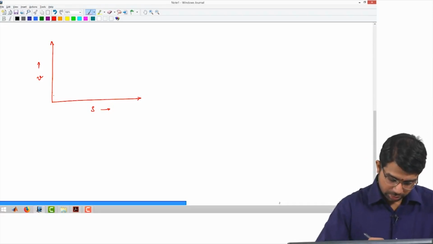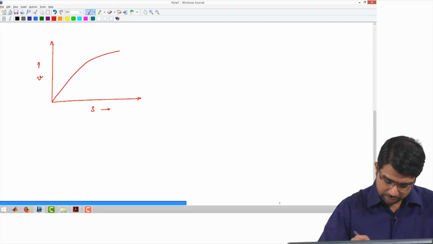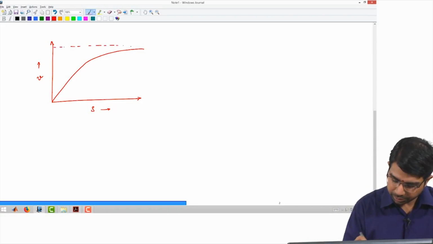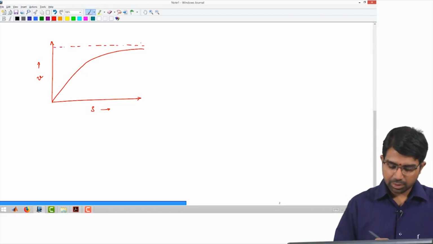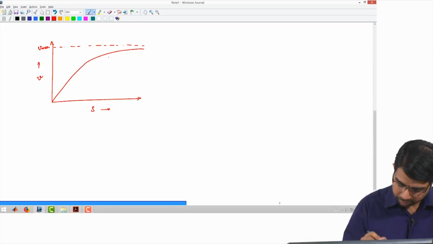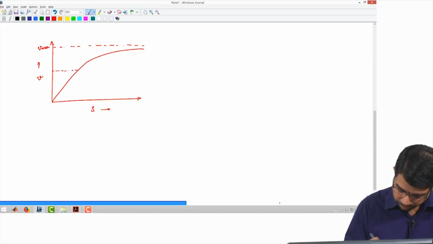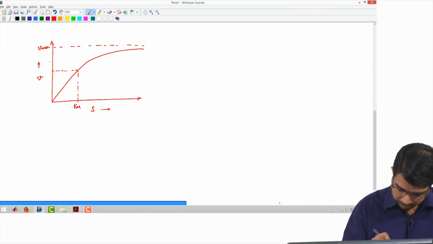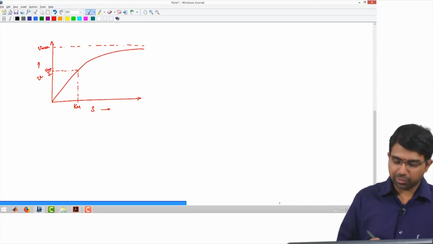So, how does the Michaelis-Menten equation plot look like? Right. So, initially it goes like this and it goes to saturation. Half of Vmax.